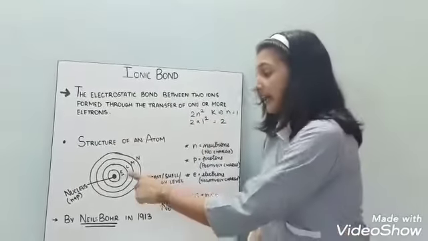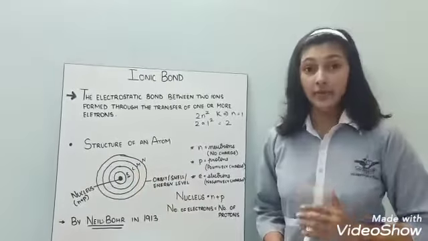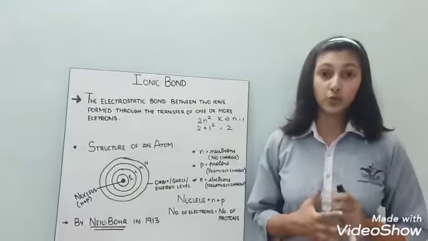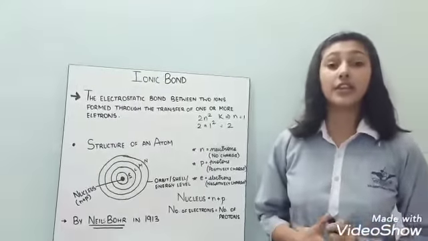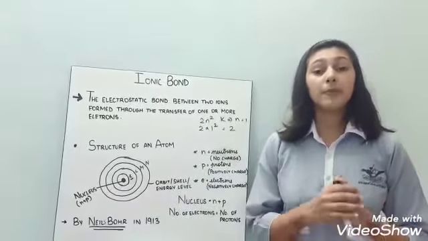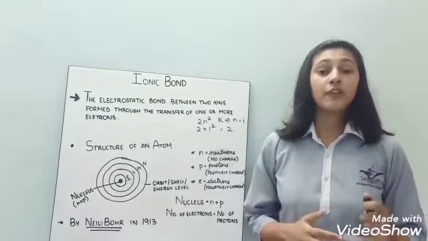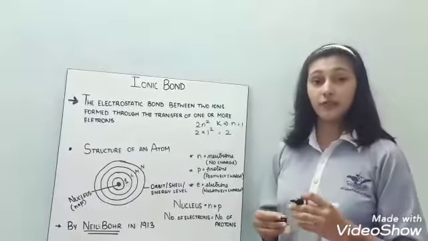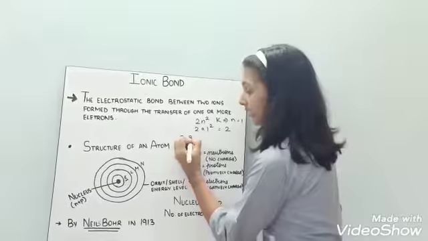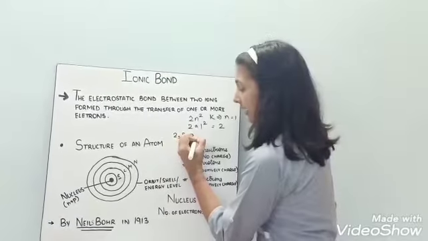Similarly, L can accommodate 8, M can accommodate 18, and N can accommodate 32. But we are learning elements of the periodic table only till atomic number 20. So for the configuration, we will just have 2, 8, 8 and 18.